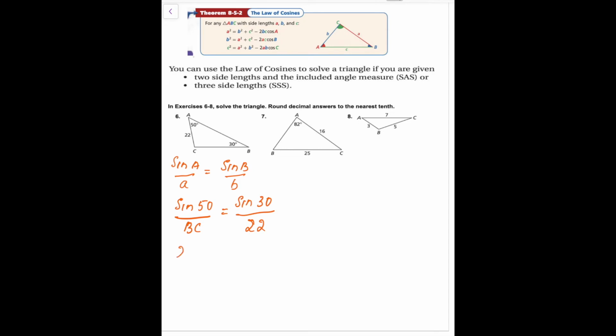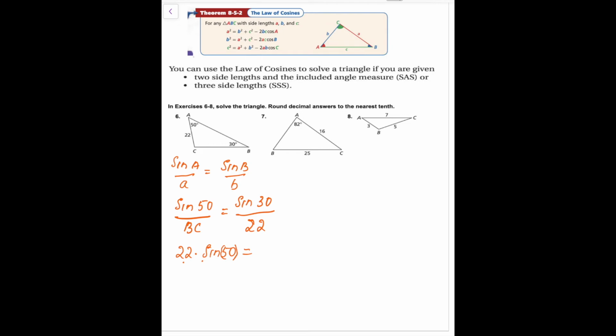Now this is a proportion. You can do cross multiplication. So you go 22 times sine 50. Remember, when you enter trigonometric ratios on the calculator, you need to remember to write the number before, or put parentheses around 50.